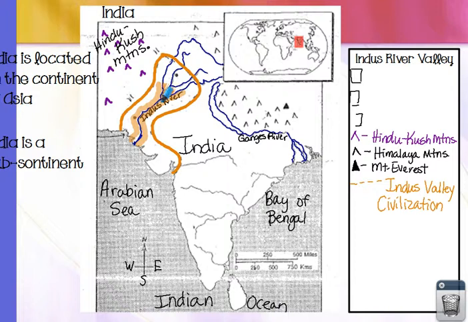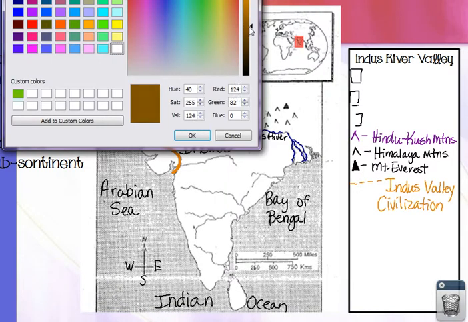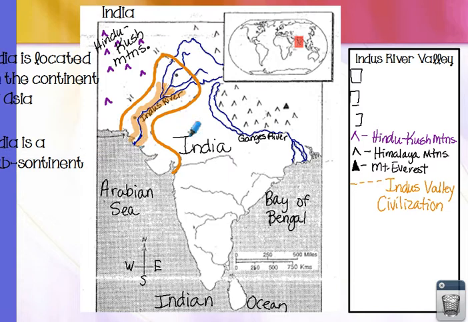Now, switch to your brown, and we're actually going to shade over this just a little bit in brown. So, I'm just going to shade over my orange, and if it's a little bit messy, that's kind of actually what you want. Alright, I'm going to shade over this orange in brown.